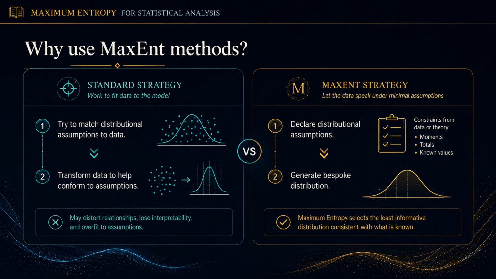So the goal here is not to abandon long practiced and effective methods, the standard strategy, but to be able to have an alternative when those strategies are not as effective as we want them to be. And that's what MaxEnt, or at least the methods that we'll discuss here, thrive at.